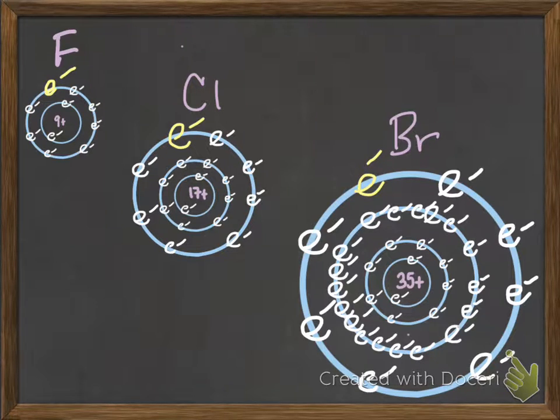So their reactivity depends on being able to attract an electron. Would electron shielding make that easier or more difficult? Well, in order to attract an electron, you have to have that pull exerted by the nucleus pulling on an electron to add it to your outermost shell. It kind of seems like electron shielding would make that harder, doesn't it?